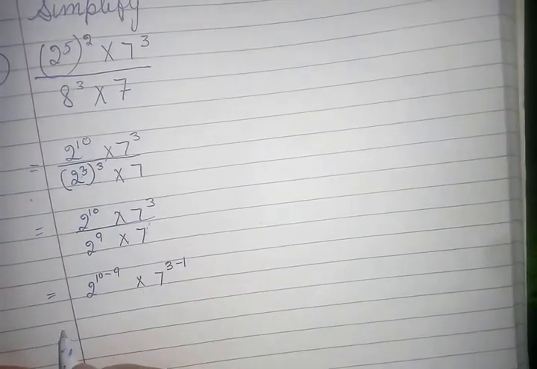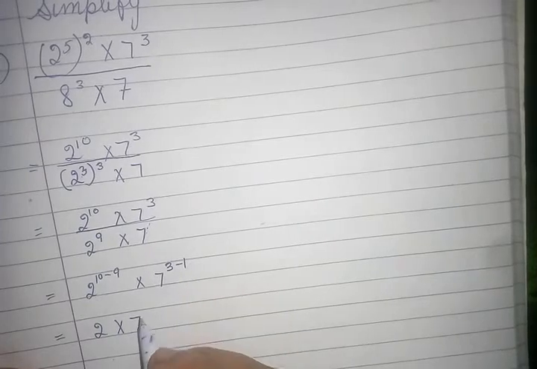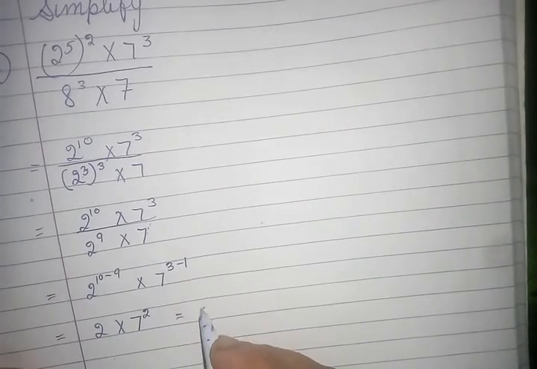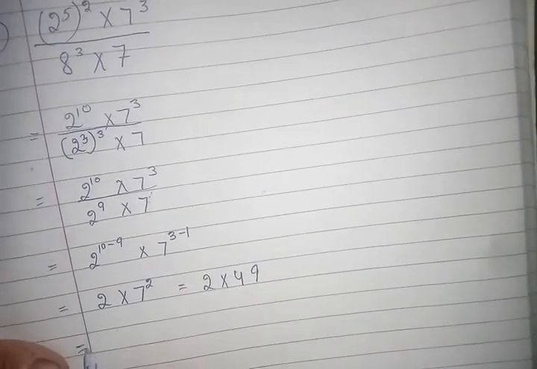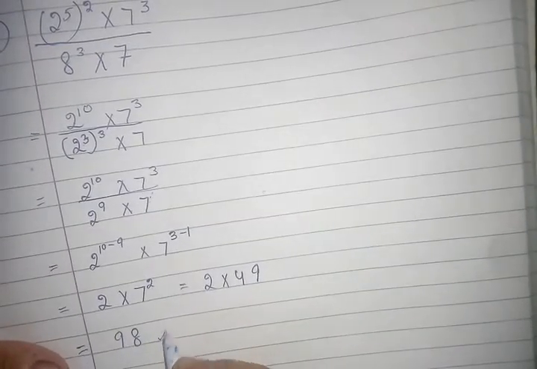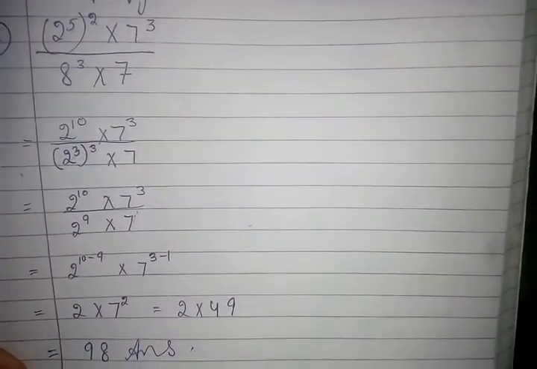When there is no power, it is 1. So you will write 2 into 7 square, and 7 sevens are 49. So the answer is 98. Is it clear?